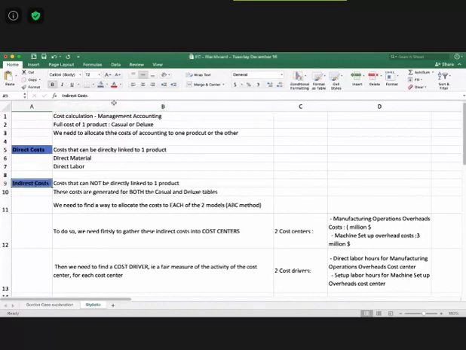There are different ways to classify the cost. As I said, you can classify the cost by nature. So what is the nature of the cost? Purchase, electricity, wage, and so on. This is financial accounting. Then you can also classify the cost according to its behavior.